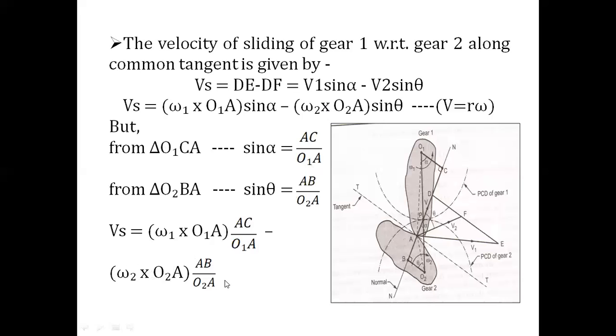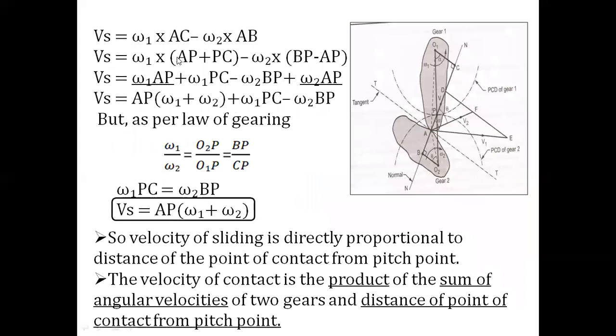O1A cancels O1A, and O2A cancels O2A. So the velocity of sliding is equal to omega 1 into AC minus omega 2 into AB.